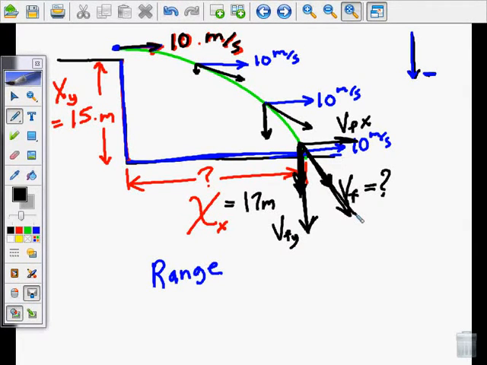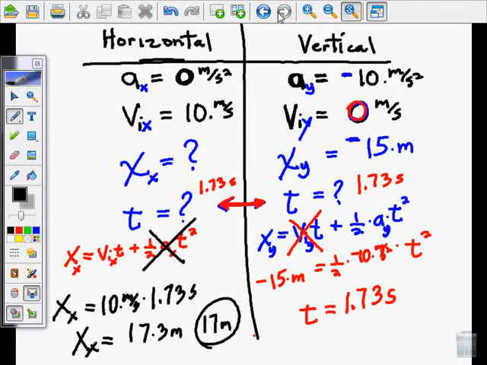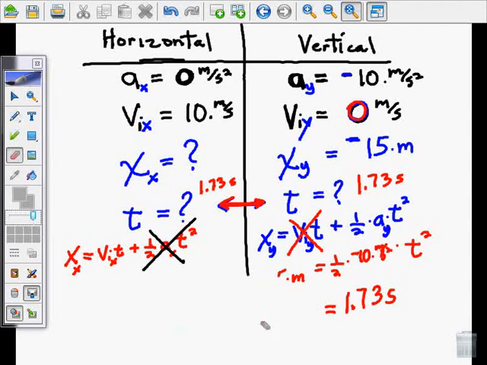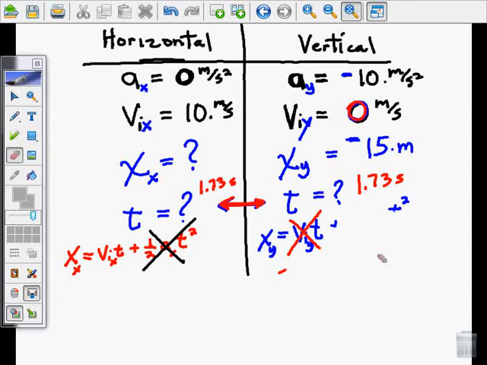So we have to go back and find the final velocity in the x and the final velocity in the y. So let's go back over here. Let's make some room. Don't we already know the final velocity for horizontal? Yes, we do. Very good.